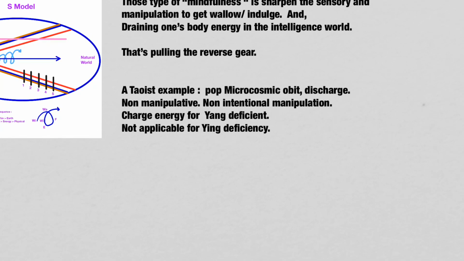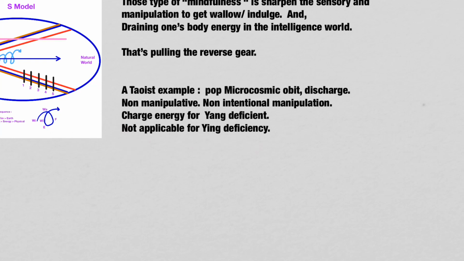And this microcosmic orbit practice is actually for charging energy for yang deficiency. So for people who are yang deficient, like a young guy who lacks a bit of sport or exercise, they practice the true microcosmic orbit to boost and charge more yang energy. It is not applicable for yin deficient people.